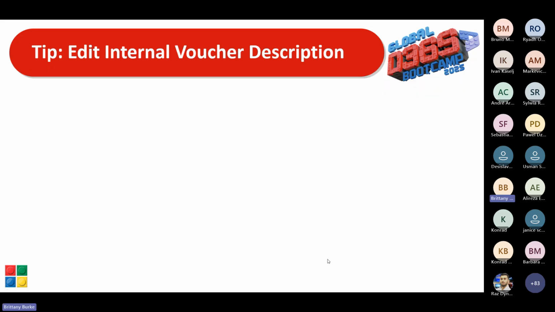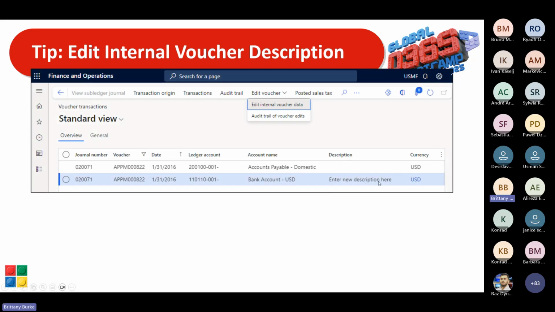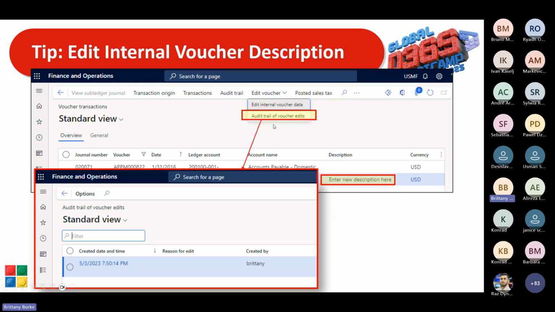Once you save it and hit OK, you'll notice then your description shows up in your description box. Now, this does not mean if you had a previous description there that it goes away. You do have the ability to look at the audit trail of any voucher edits that have been made. If I click my audit trail, you'll see that I can say, okay, Brittany modified it, that was me, in May of 2023.